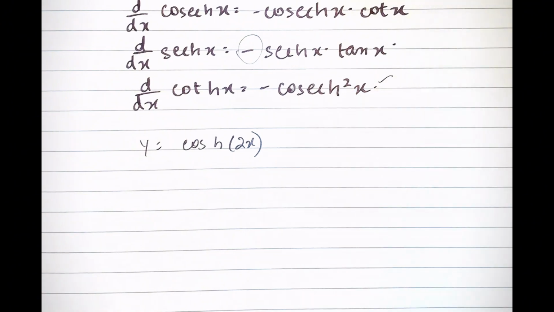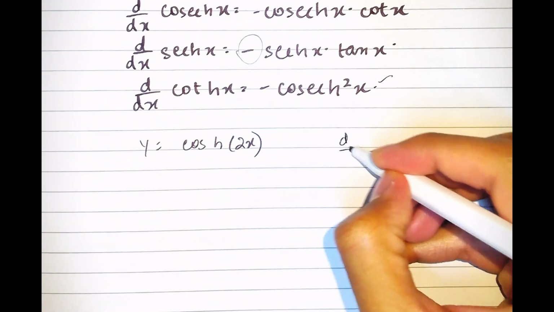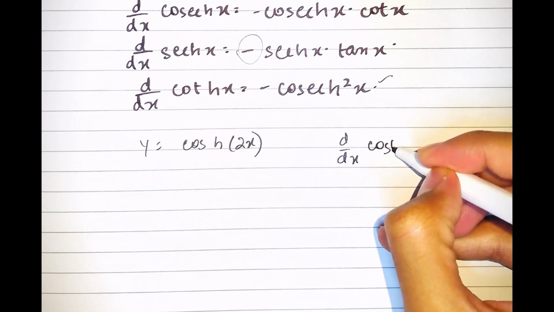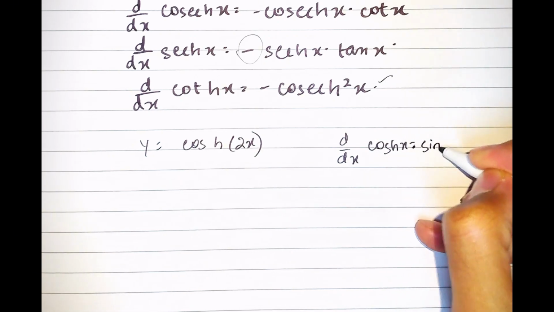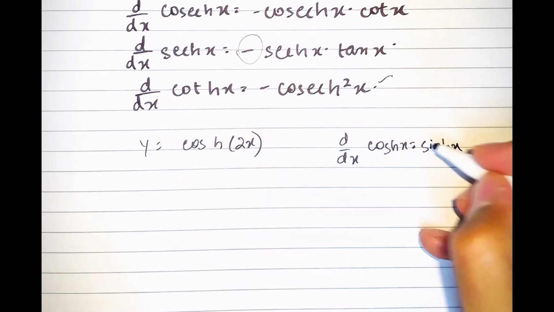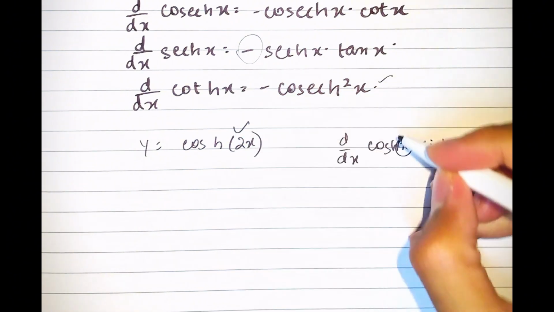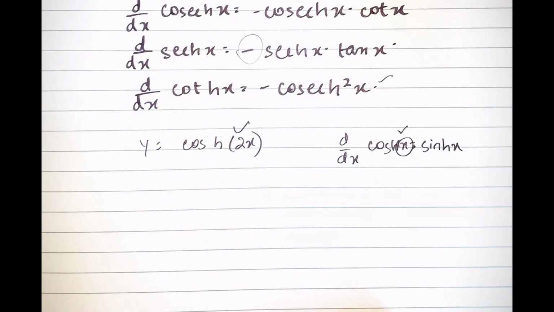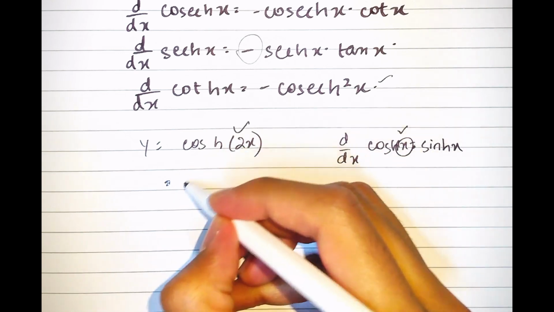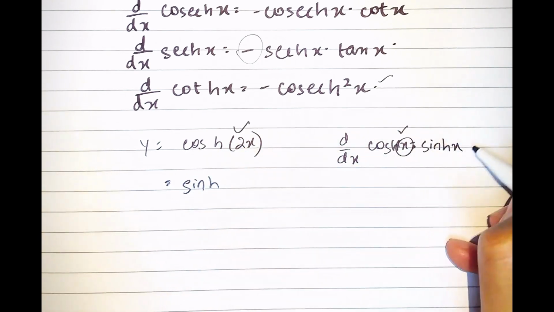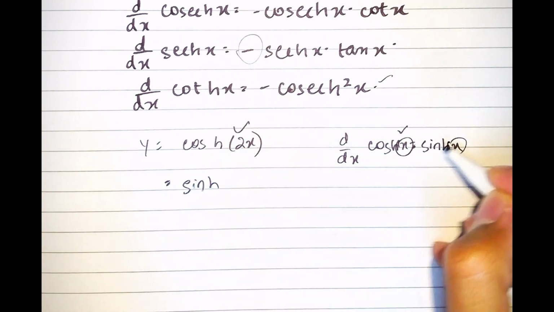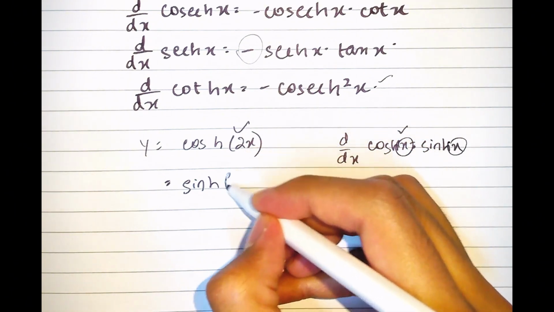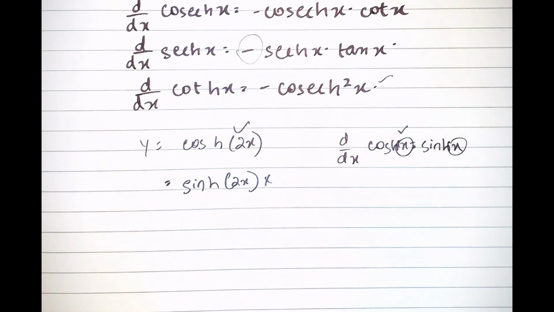So we have to find the derivative of cosh 2x. We know that the derivative of cosh x is equal to sinh x, but over here instead of having x I have 2x. So wherever I have x, I have to replace it with the thing which is given to me. So it would be equal to sinh 2x multiplied by the derivative of the function of the cosh.